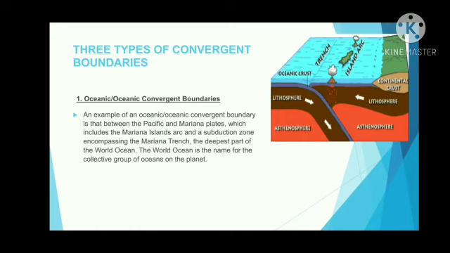An example of an oceanic-oceanic convergent boundary is that between the Pacific and Mariana plates, which includes the Mariana Islands arc and a subduction zone encompassing the Mariana Trench, the deepest part of the world's ocean. The world ocean is the name for the collective group of oceans on the planet.